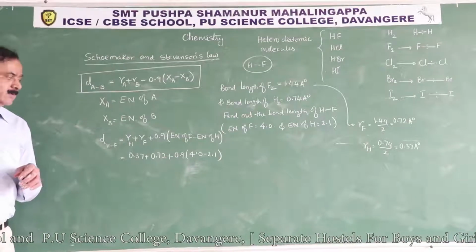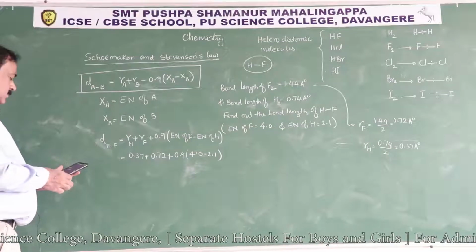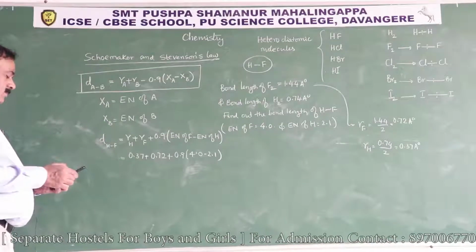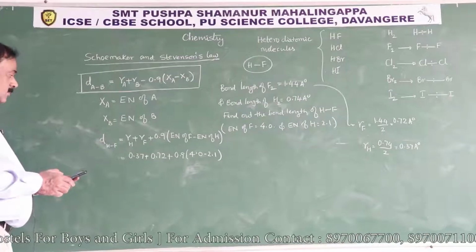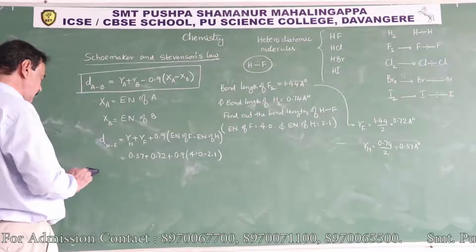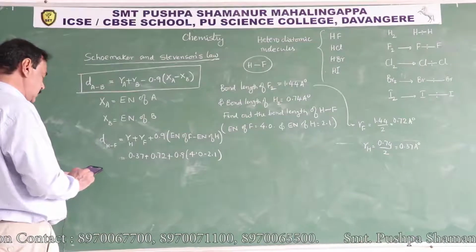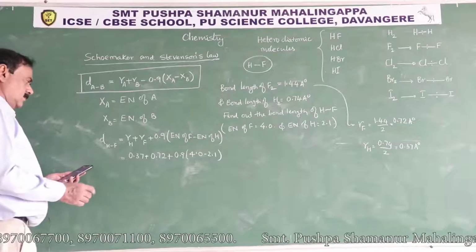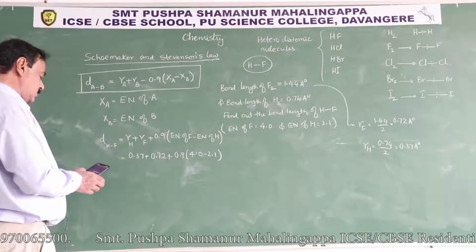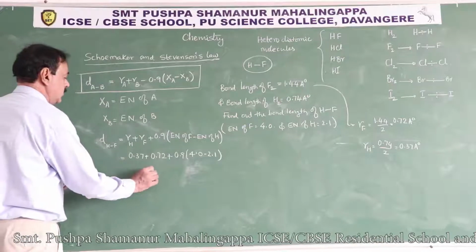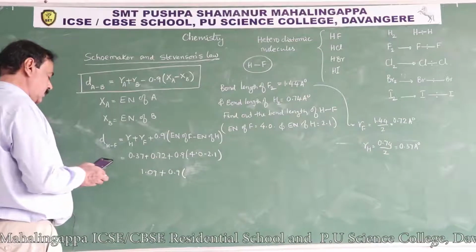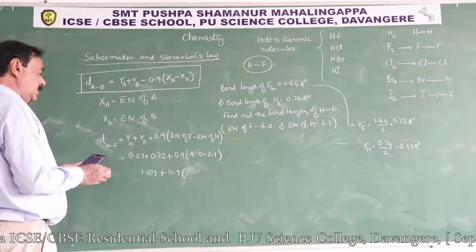Now what about this value? 0.37 plus 0.72 is 1.09, plus 0.9 into (4 - 2.1), that is 1.9.